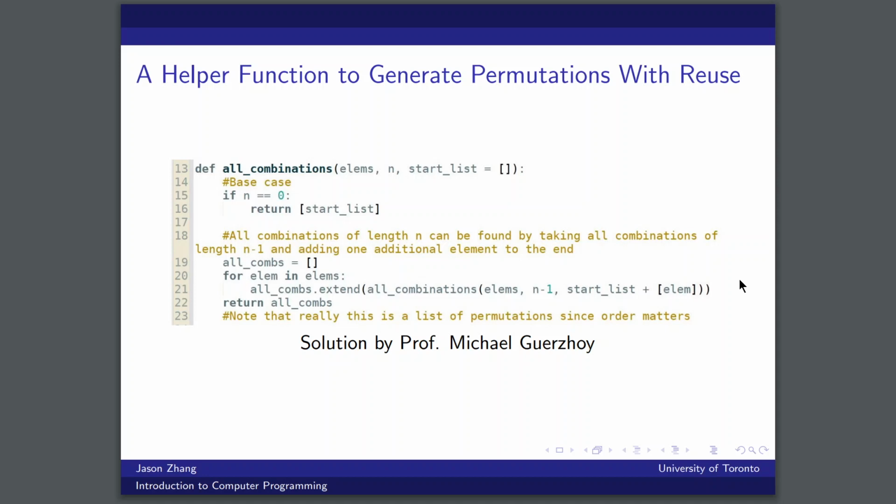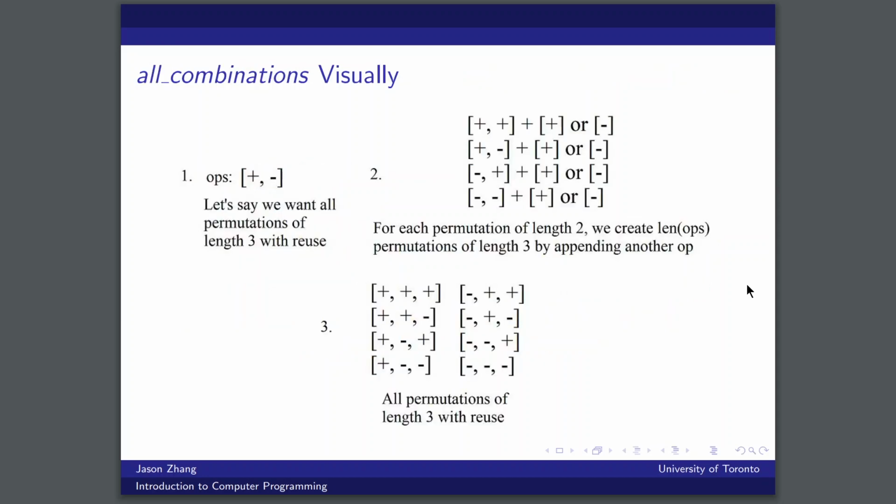So for n-1 permutations, we can essentially generate n more permutations by adding another element. It might be sort of hard to envision, so maybe I can show you a visual.